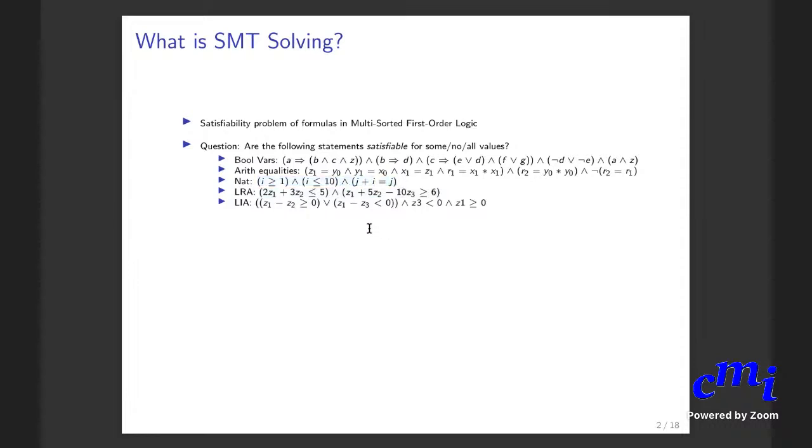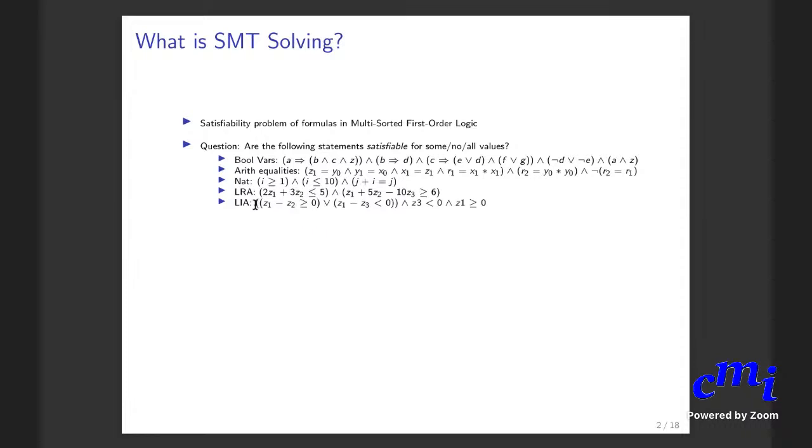But with SMT solvers, we want to be able to decide formulas of this kind. Formulas of this kind have a Boolean structure at the top, but the atomic formulas have to obey the theory semantics.